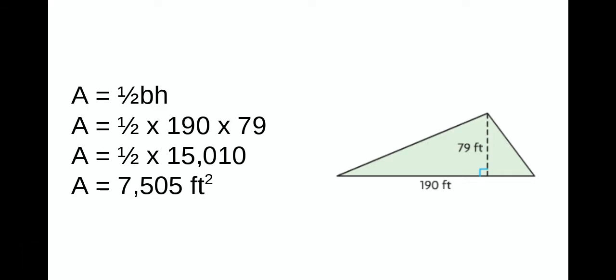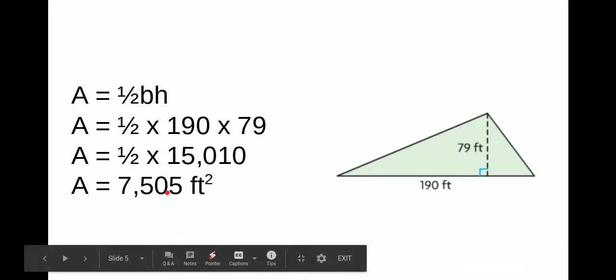Some calculators don't allow for multiple functions in one shot. So what I always recommend is take the base and the height, multiply them first, and you get 15,010. Then multiply that by 1/2, and you get 7,505.